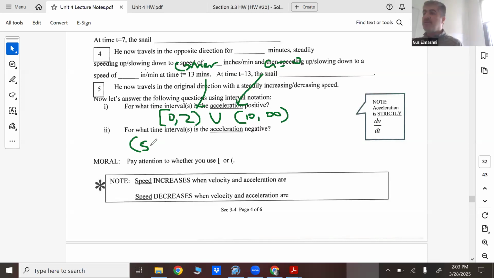That gives me acceleration. No, you're slowing down. From 5 to 7, you're slowing down. The velocity is positive, the acceleration is negative, because your velocity is losing value. When you go from 5 to 7, your velocity was at 4, and it's going down to 0.